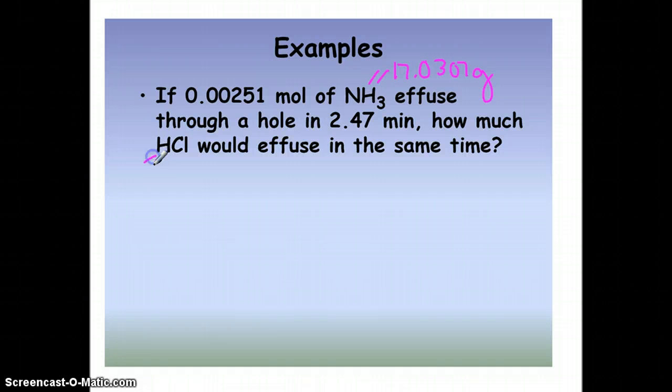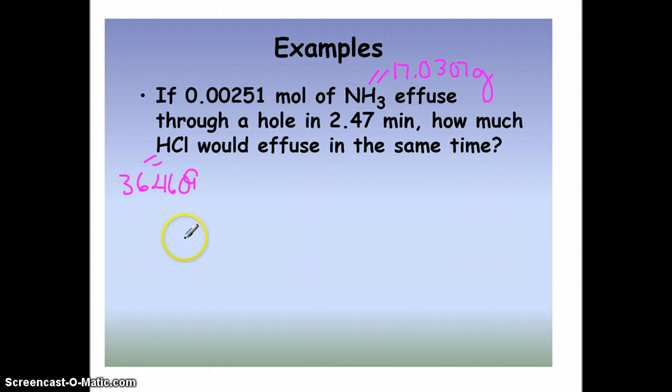And when you find the molar mass of HCl, it is 36.4609. Okay, so that tells us immediately we should just be able to look at the sizes. NH3 is going to move faster. Okay, so let's find out what portion of HCl will move through in this time.